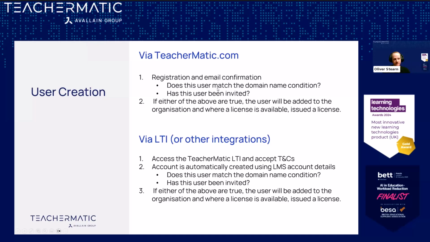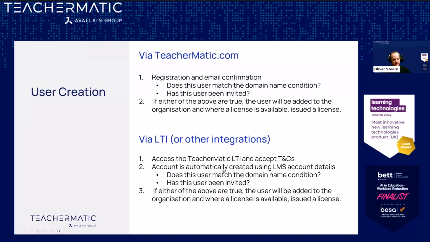So the process essentially works like this. We first check the email domain of the registrant, and if it matches the conditions on your account, they're allocated to your organization. There's also another process, which we'll look at in a moment, for inviting users. So if you've invited a user, even if their email address doesn't match your organization domain name, they can still be added to your organization.